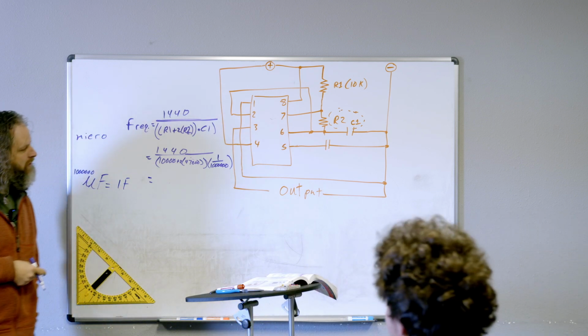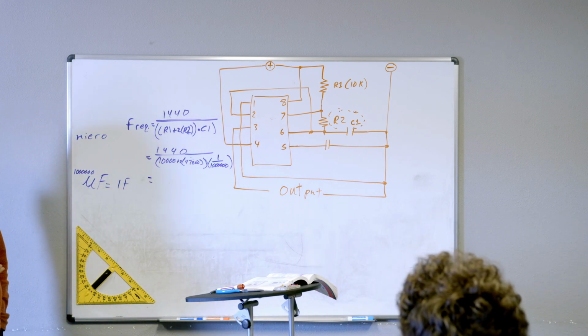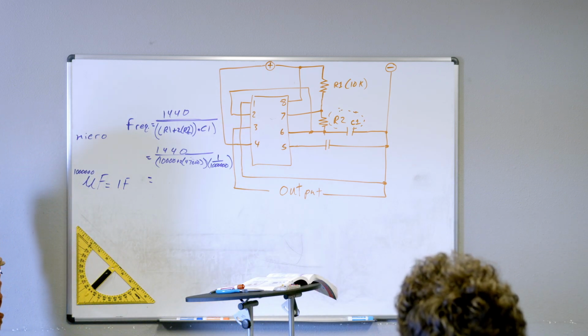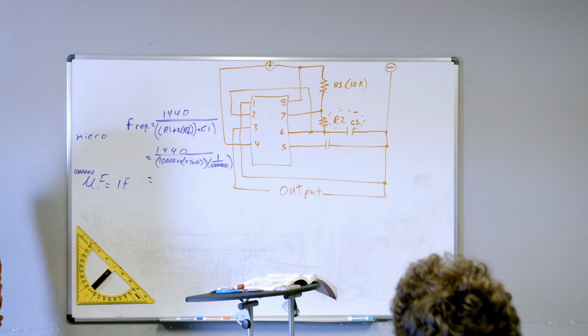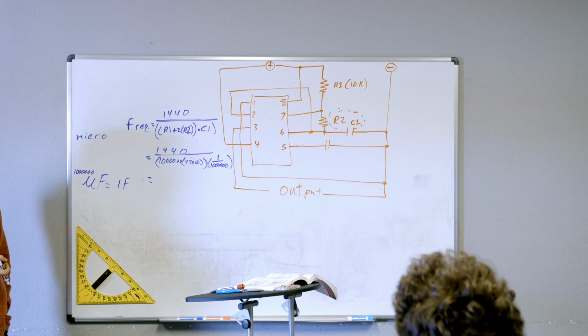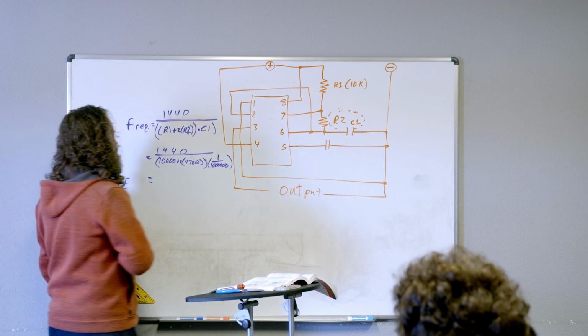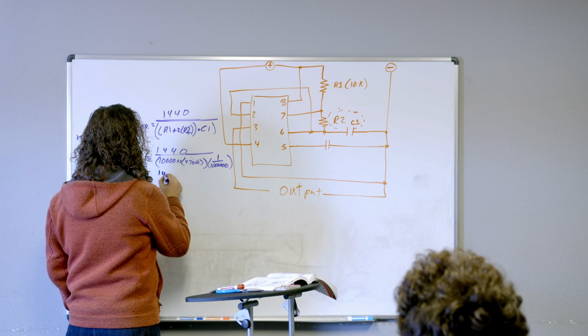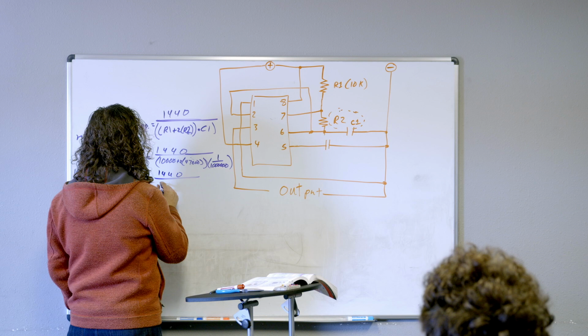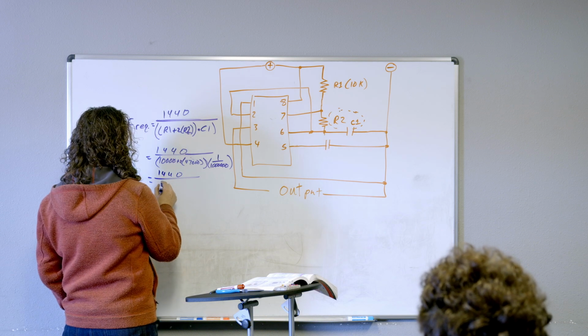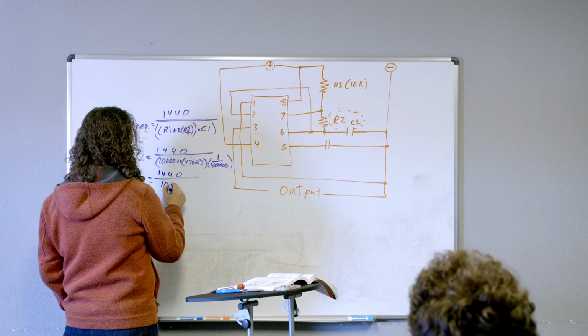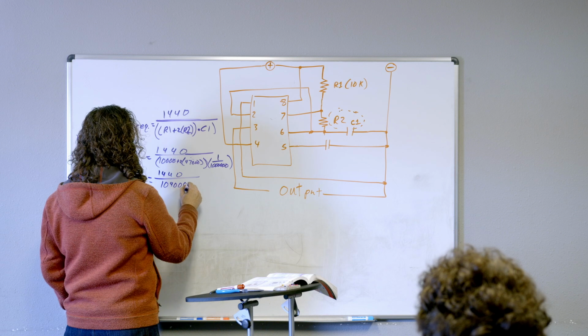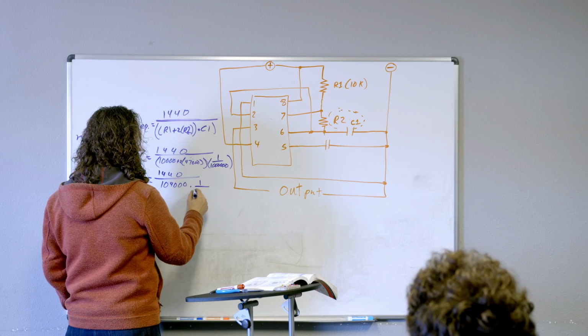What's 2 times 47,000? That's 94,000. Oh yeah, that makes sense. So 10,000 plus 94,000 is 104,000, times 1 millionth.